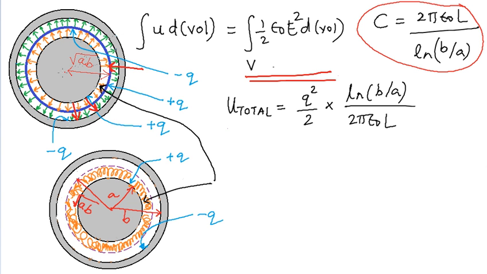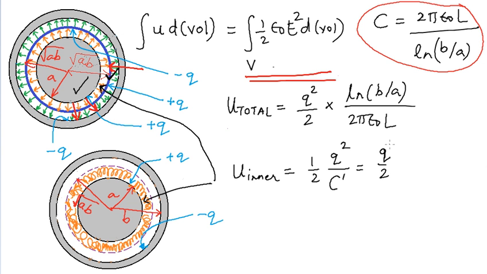The two cylinders which make up the capacitor have radii A and root of AB, and hence the energy, which I'll call U inner because it corresponds to the inner volume of the gap in the original diagram, will once again be given by the formula half Q squared upon C. But in this case this C is not the total capacitance; it is the capacitance between this plate and this plate, so I'll call it C dash.